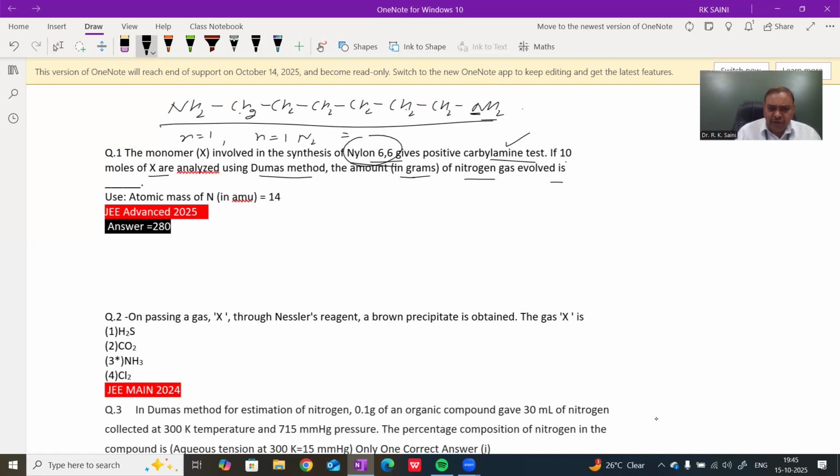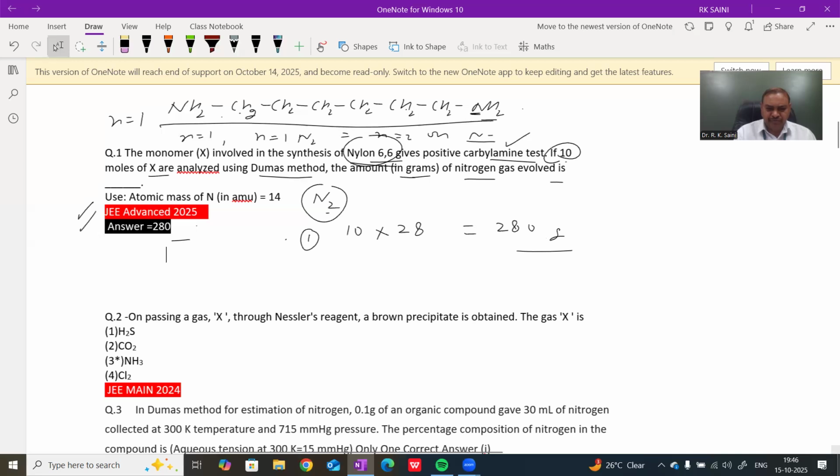Therefore 10 moles of this compound give 10 moles of N2 gas, so the amount is 280 gram. Very easy question, and it was asked in JEE Advanced 2025.